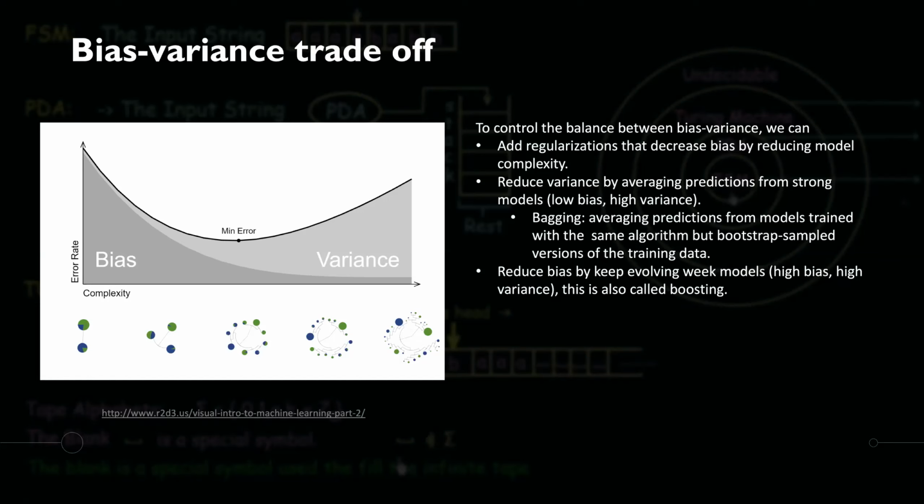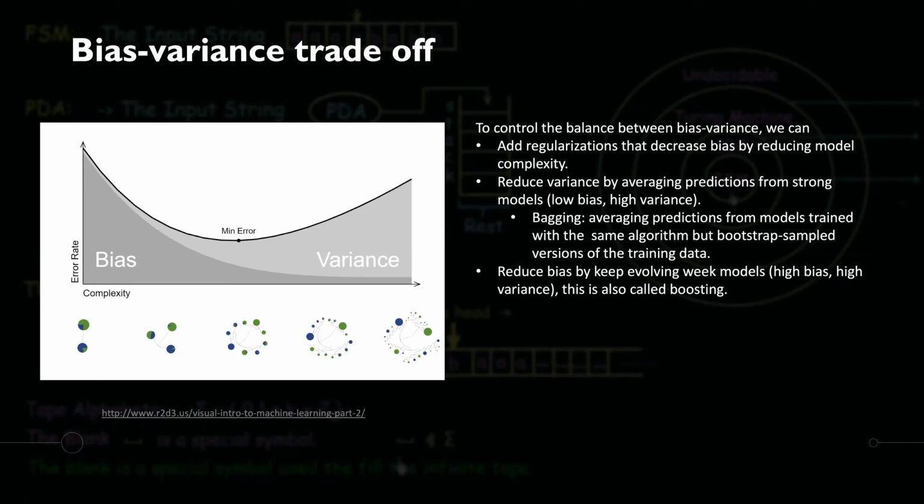By a different version of the data, I mean we can do stochastic resampling: randomly sample a certain portion of the data out of the original training data and train the algorithm many times with the stochastically sampled data. This way we can effectively increase the independence of each trained model, and by averaging those independent models' predictions, we can effectively decrease the variance. So this is another way to make a good balance between bias and variance.